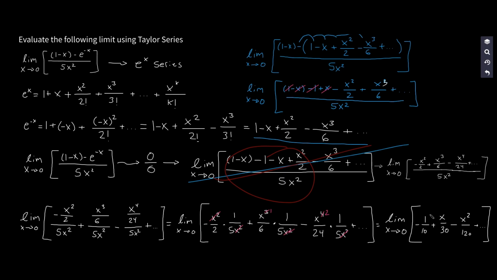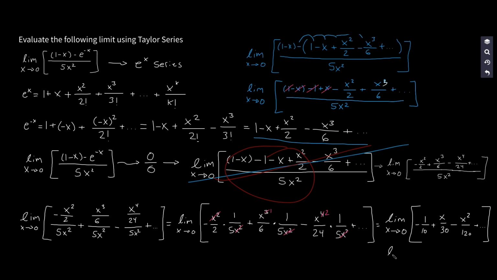Everywhere there's an x, it's just gonna be zero. Zero divided by 30 is zero. Zero raised to the power of 2 is 0, divided by 120 is 0. So it's literally going to be 0 for everything except the first term.